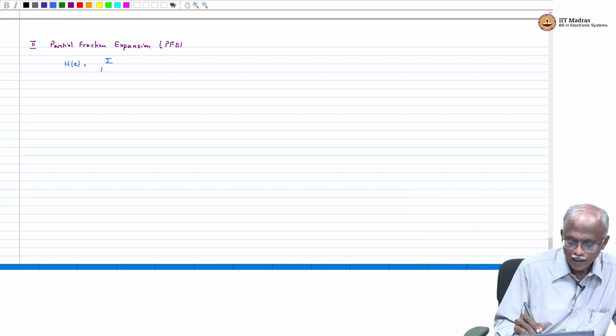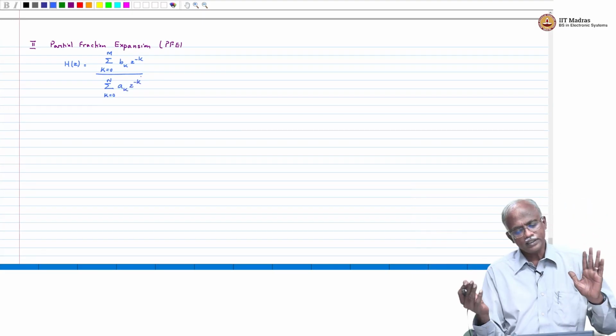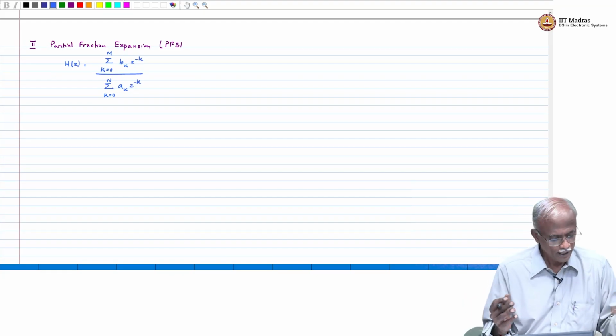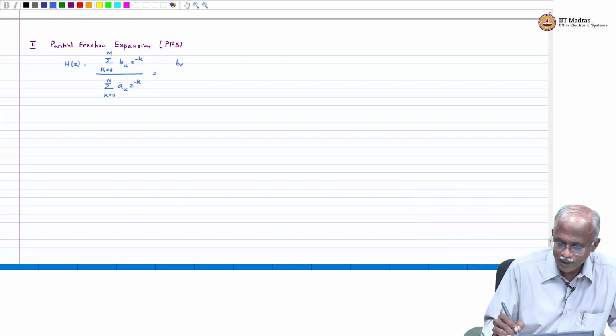Okay, so we look at a Z transform which is in rational form. Summation k equal to 0 through m, bk z power minus k, divided by, numerator polynomial by denominator polynomial, k equal to 0 through n, ak z power minus k. So basically this is a rational form. Then what we will do is we're going to pull out b0 as a common factor.